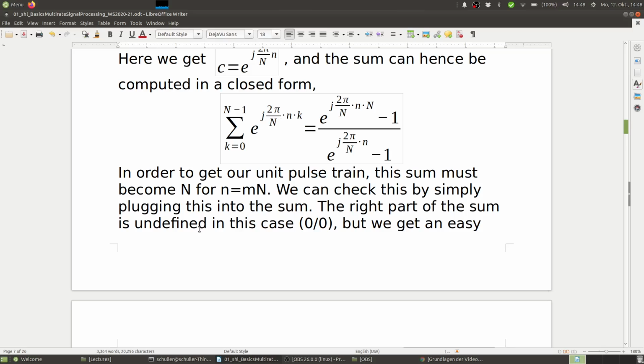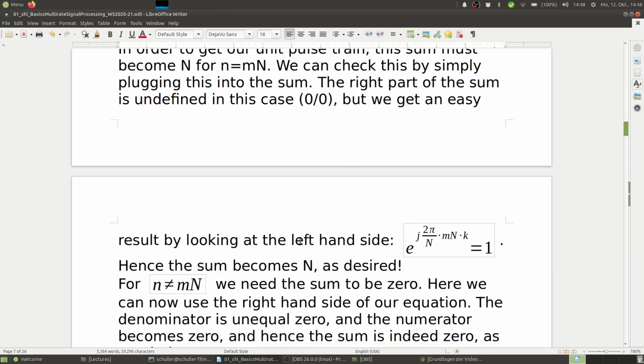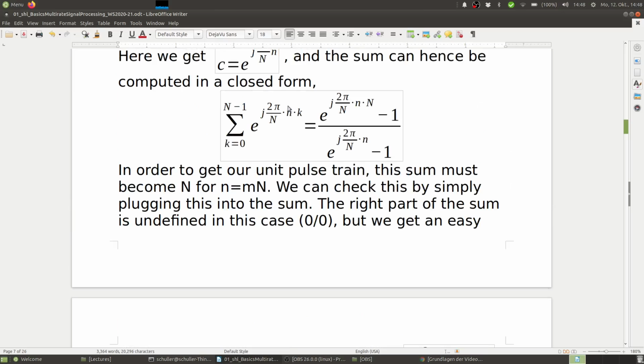The right part of the sum is undefined in this case, so if we have n equals integer multiples of capital N, then we have 1 minus 1, and this is 0, and 0 divided by 0 is undefined. So this doesn't really work, but we get an easy result by looking at the left hand side. Here the n will cancel, so the exponent is 2 pi times some integer k, and that's integer multiples of 2 pi, and that means this expression will always be 1, and hence we have N summands of 1, and that means the sum is capital N.